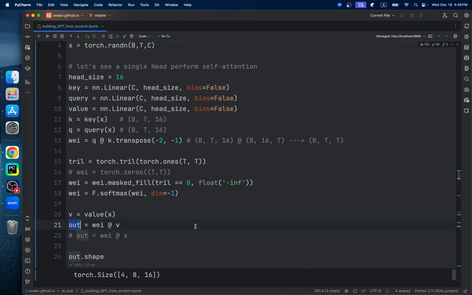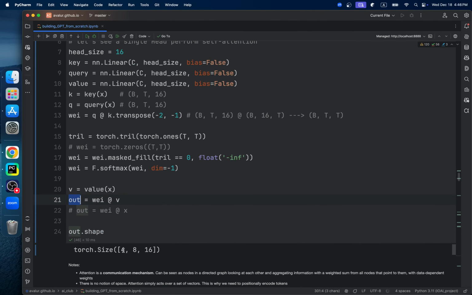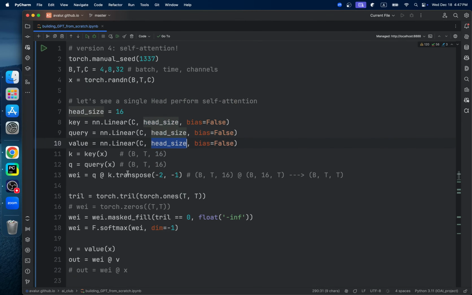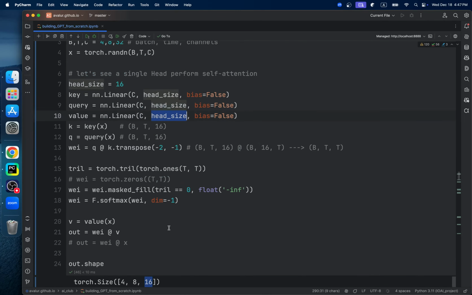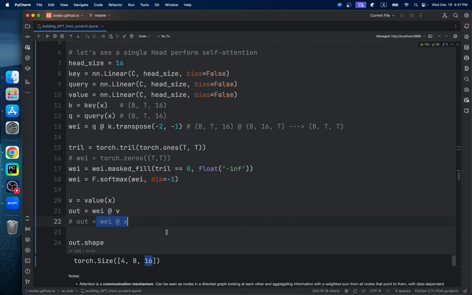This is one head in attention, and of course the shape of the output will be B, which is 4, by T, the number of tokens, by 16, the head size, because we project X from 32 to 16 and then perform the matrix multiplication.